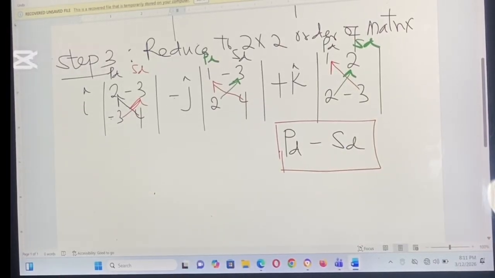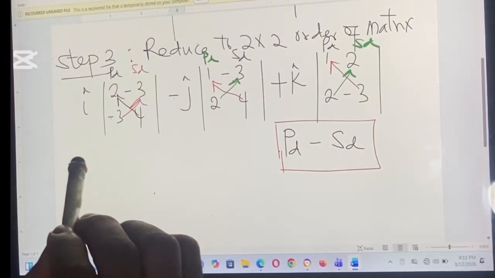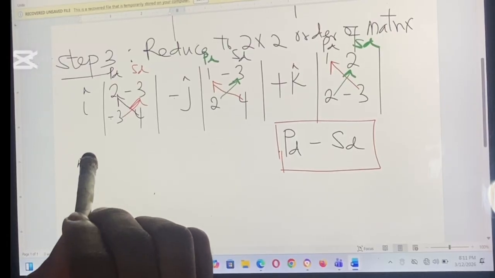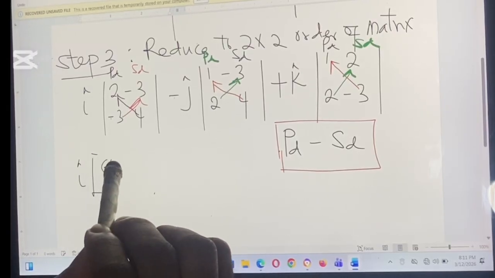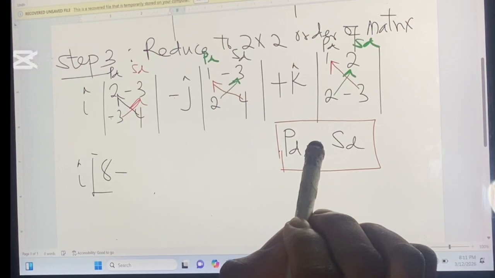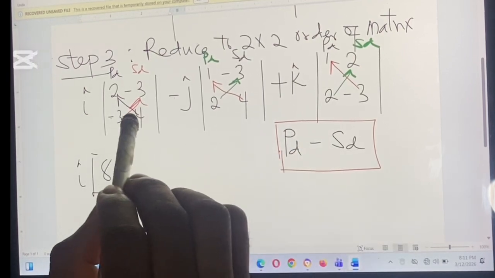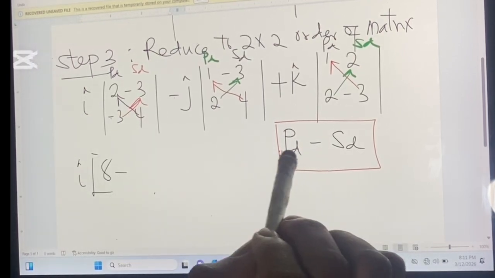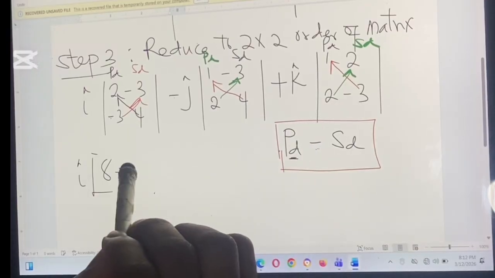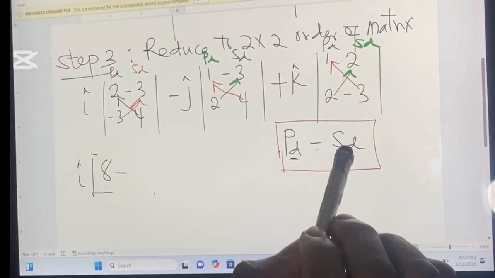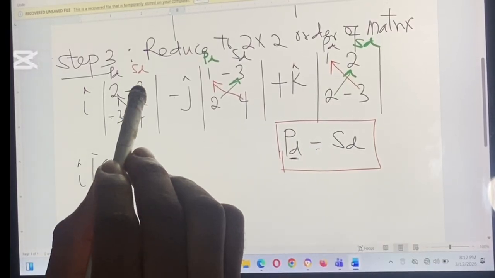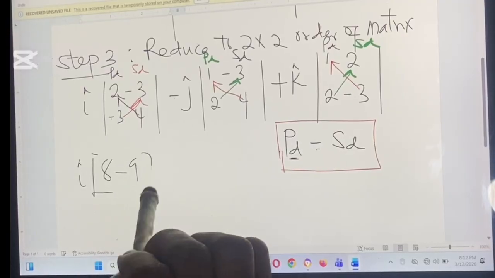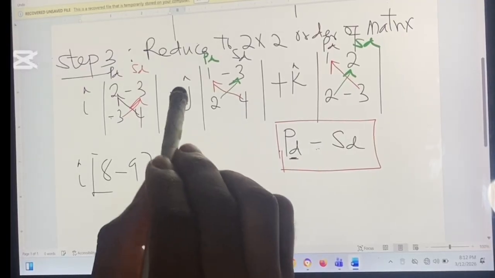4 times 2 will give us 8. That is, this will be i into 8 minus, the minus is from the formula. Primary, 4 times 2 gave us the primary, minus from the formula. Now let's get our secondary diagonal. This will be minus 3 times 3, which gives us 9. So minus j, that is this j here.